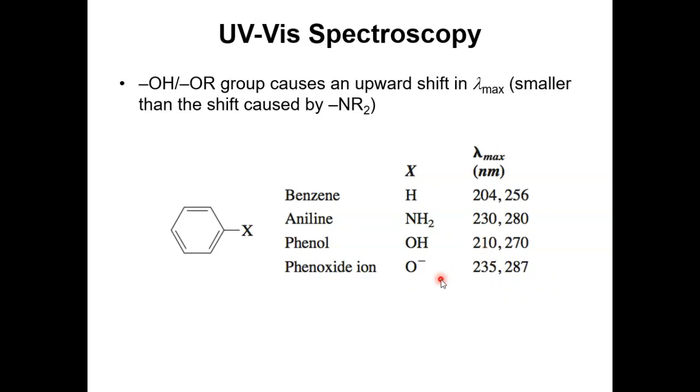And if you use a base to remove a proton, you get a phenoxide, and you see an even greater effect on the lambda maximum. You see the lambda maximum move to the long wavelength side by 25 and 17 nanometers respectively. Again, showing that the extra lone pair has an impact on the HOMO-LUMO gap, even more.